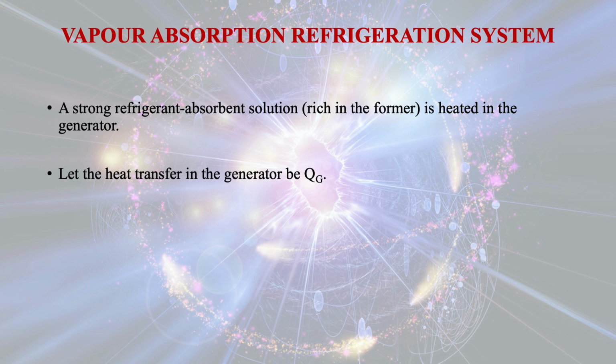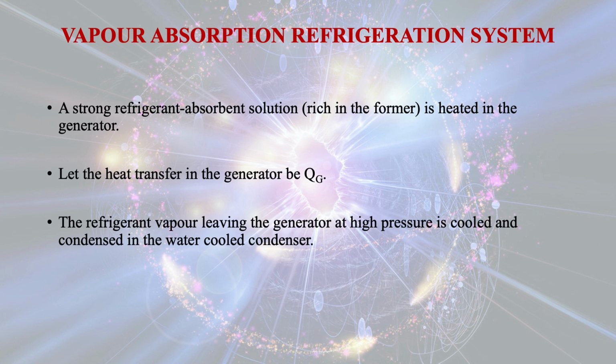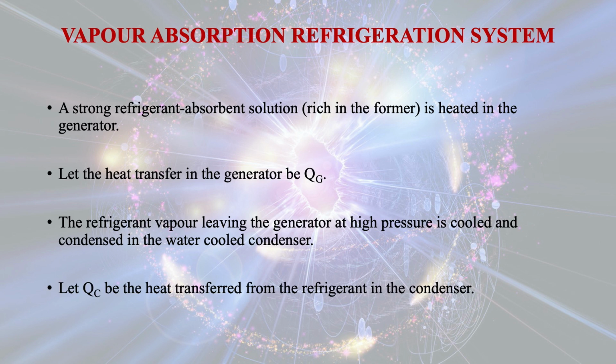Let the heat transfer in the generator be Qg. The refrigerant vapor leaving the generator at high pressure is cooled and condensed in the water-cooled condenser. Let Qc be the heat transferred from the refrigerant to the condenser.